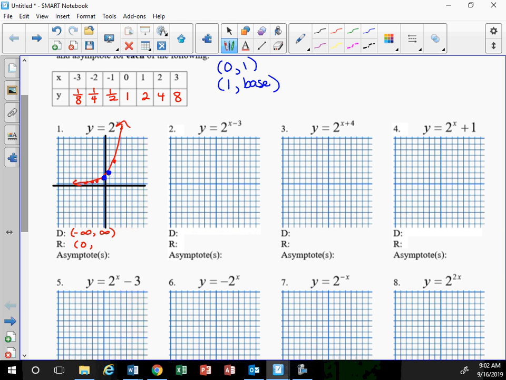So just 0 to infinity. And I do have a horizontal asymptote. I haven't drawn it on here yet. I'll draw it for you now. Where is it? 0. Yeah, because you approach 0. So y equals 0. Remember, we write our asymptotes as equations. Okay, so that is your parent graph for exponential.